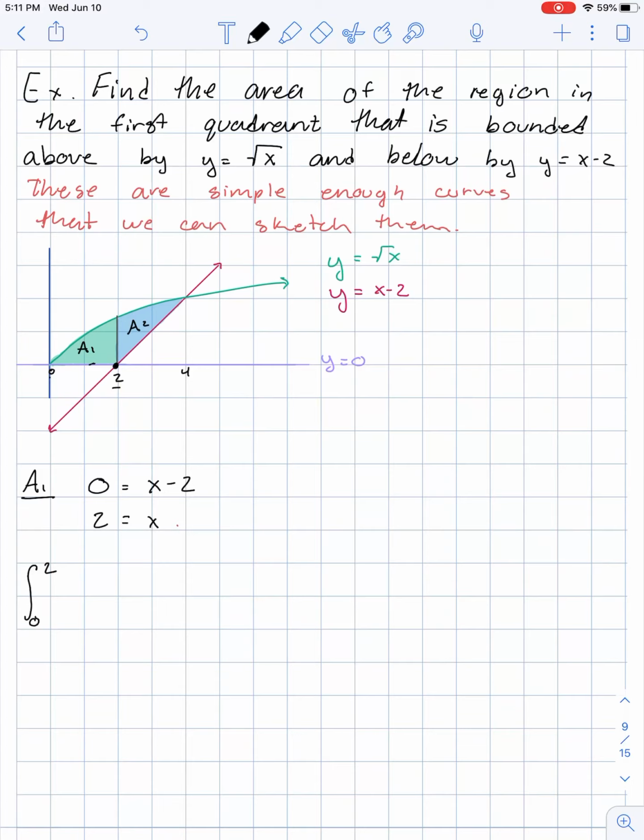For area 1, I also know that the square root of x is going to be greater than 0. And it always is greater than 0, except at 0. So I can write it as the square root of x minus 0, which is the same. Oopsies, I forgot my dx. There we go.